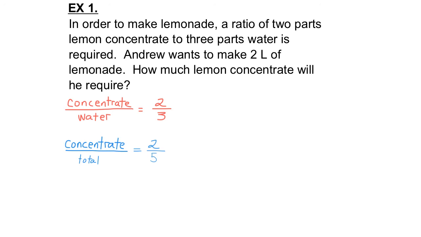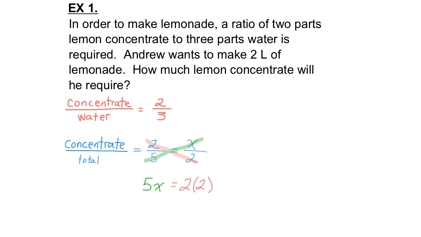And this is the ratio that I'm going to use to solve this problem. So the ratio of 2 to 5 is equal to x, that's the amount of concentrate we're trying to find, to 2, because we're trying to make 2 liters total of lemonade. So now that I have my proportion, I can solve for x. To solve for x, I'm going to use cross multiplication. So 5 times x is equal to 2 times 2.